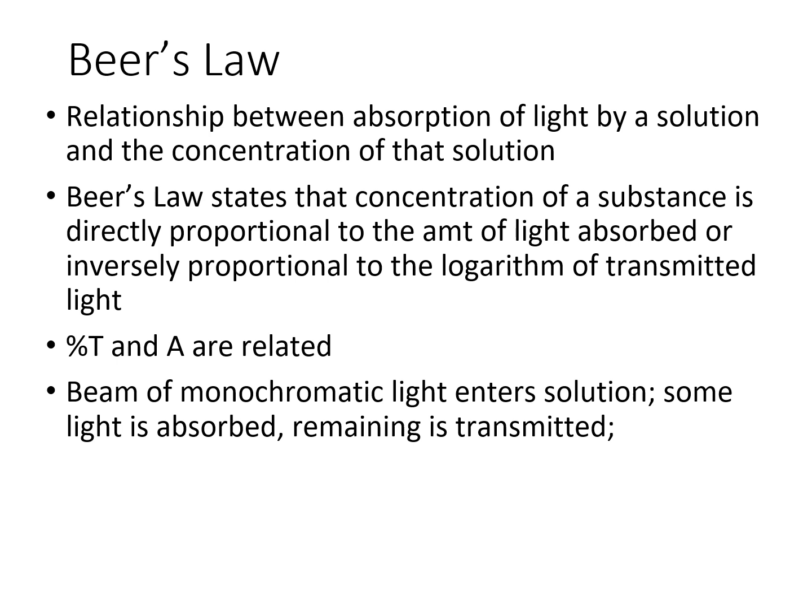So this is the formula. It is A equals epsilon times B times C, where A equals absorbance, epsilon equals molar absorptivity, B is the path length in centimeters, and C is the concentration in moles per liter. You do not need to know how to calculate this, but just know that that is Beer's law.